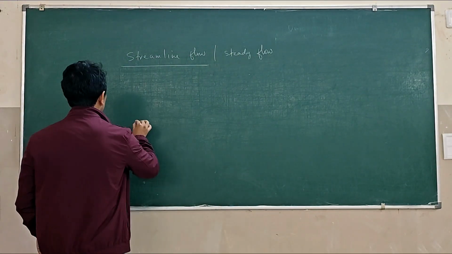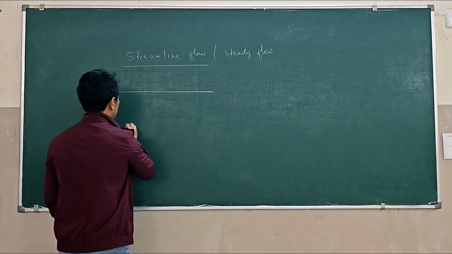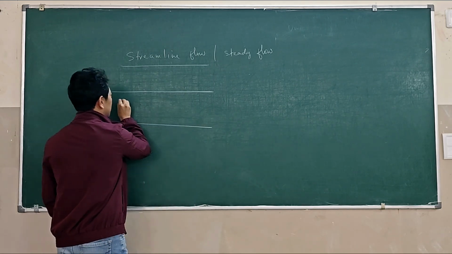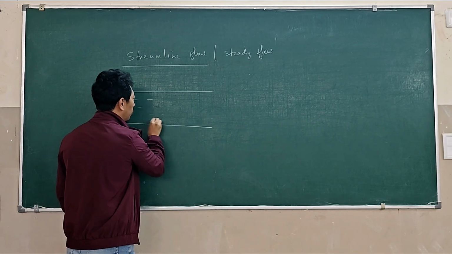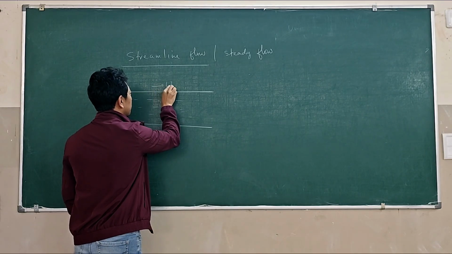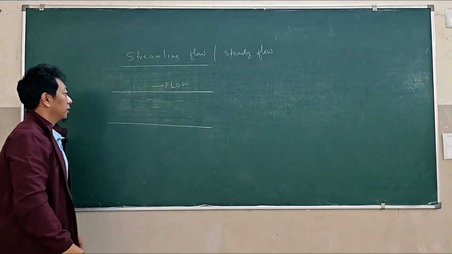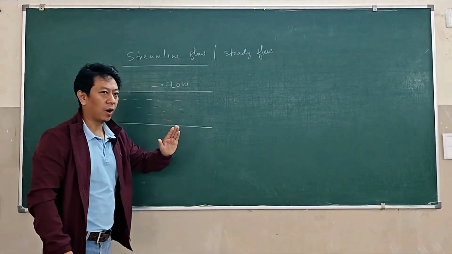Very simple. Imagine in this tube some liquid or fluid is moving. So some liquid is flowing, water in a pipe.